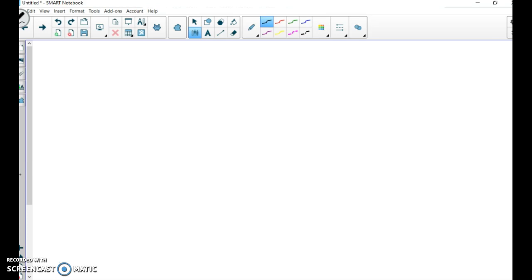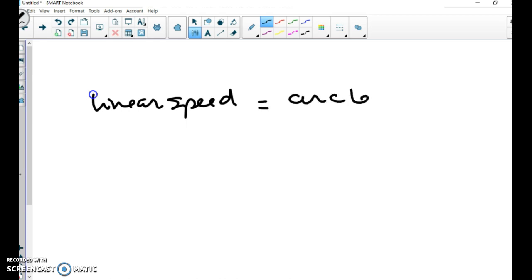All of this applies. So if you follow along with me there at the bottom, we see a formula. Linear speed is equal to the arc length, of course the distance the particle has traveled, divided by time.